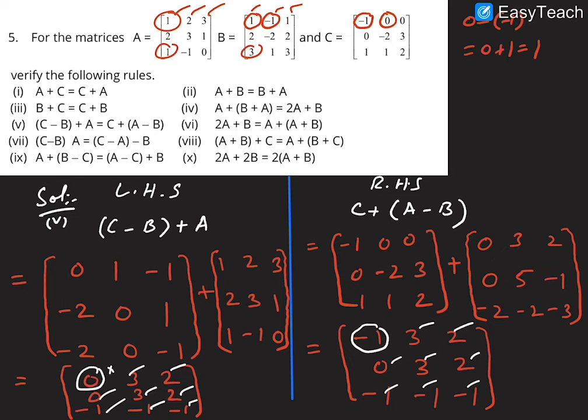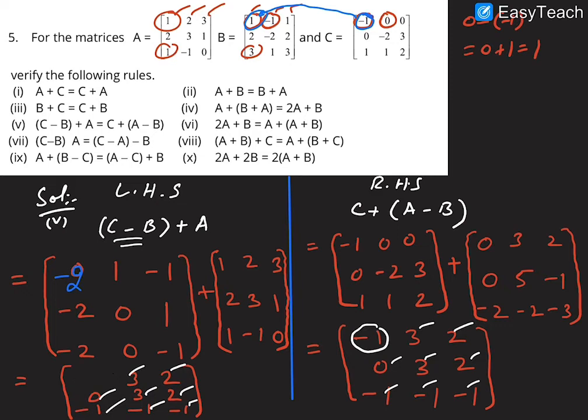See, this is C minus B. C minus B means minus 1 and minus 1. It should be minus 2 instead of 0. So we have to write here minus 2. So minus 2 plus 1 will be minus 1 here now.